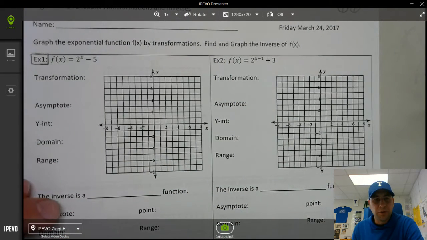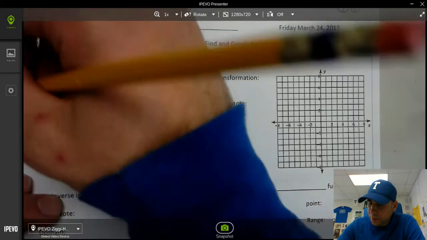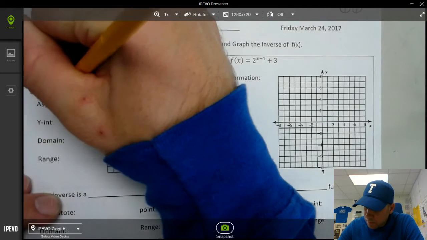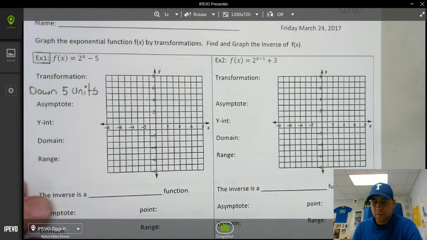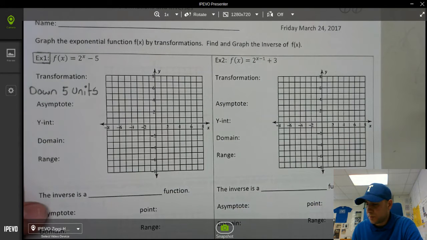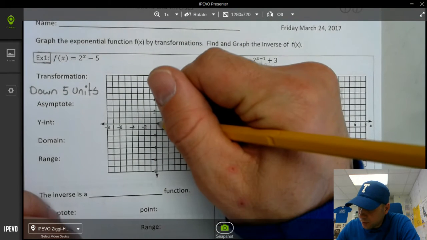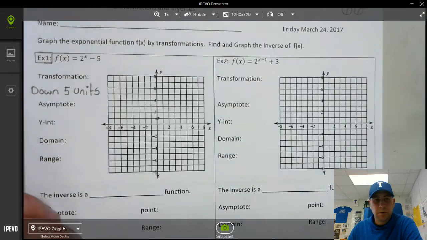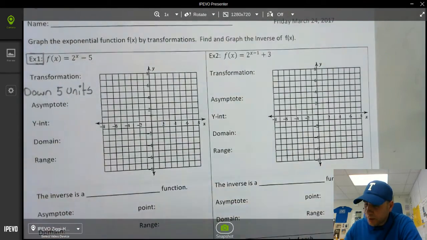First off, the transformation is down 5 units. So let's go ahead and do that. Now we know in exponential that 0, 1 is our parent point, and I shouldn't put a point there, but we'll just note that that's where we start.